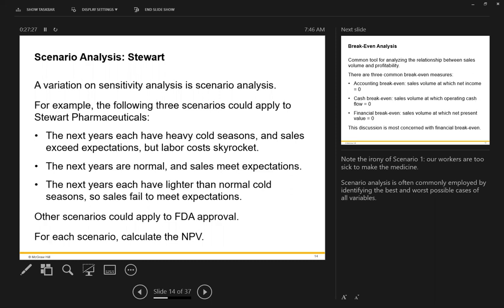So we're doing scenario analysis now. What if next year's cold season is lighter than normal, so sales fail to meet expectations? For each scenario we're looking at here, we want to predict our cash flows and then calculate the NPV for each one.